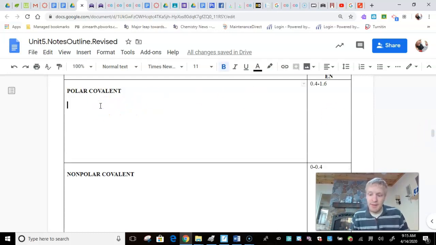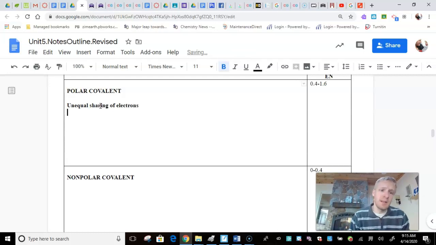Alright, getting onto the definitions. So polar covalent is unequal sharing of electrons. It's kind of like big brother, little brother. Big brother is stronger, more electronegative. Therefore, it's going to be able to play with the toys more of the time, because when the parents aren't looking, the big brother kind of gets to do what he wants because he's bigger.